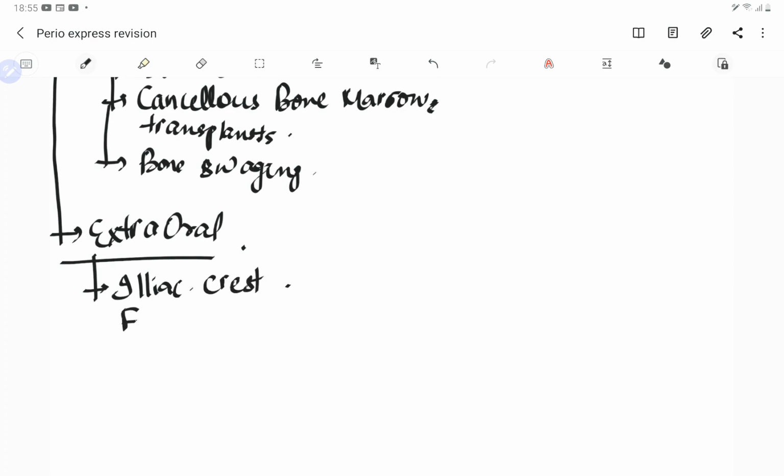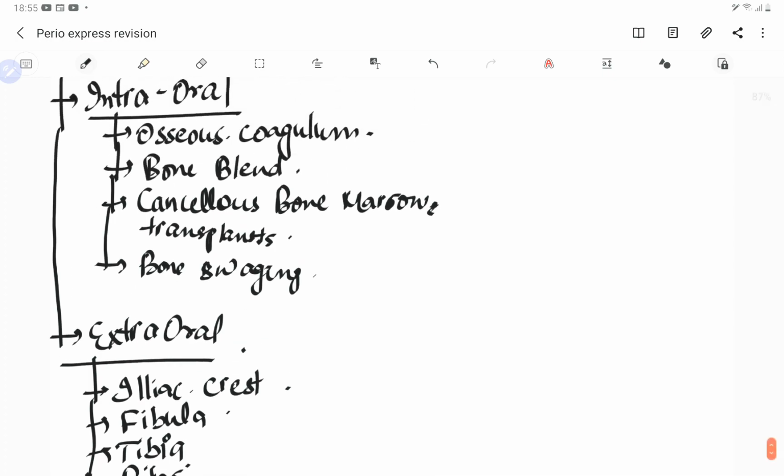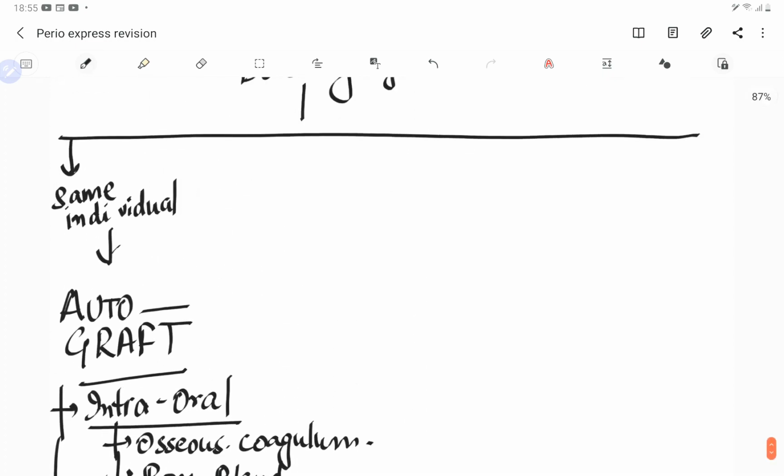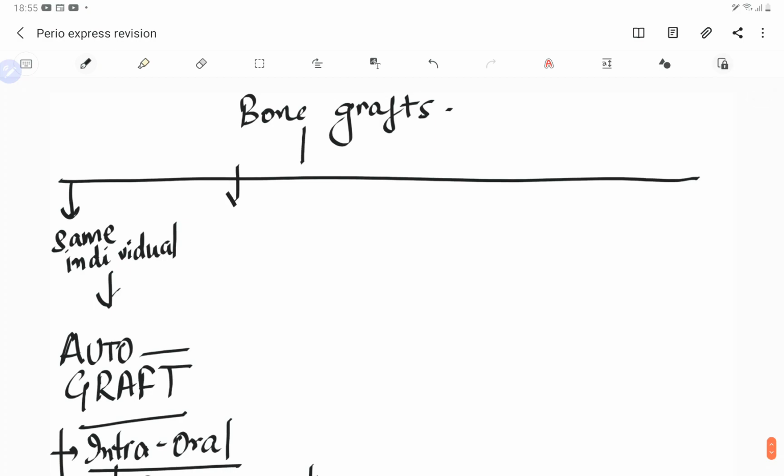Then tibia, fibula, ribs also we take. Ribs. So all these are the extraoral sites. Now guys, if you take it from the genetic identical, basically identical twins, I can say, identical twins, then it is an isograft.